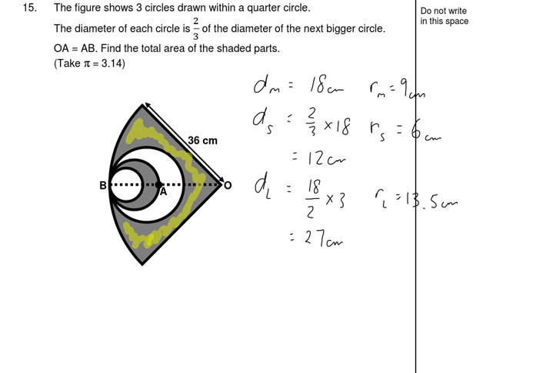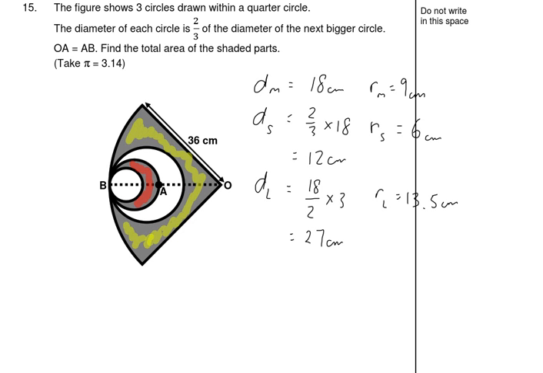Quarter circle minus the large circle. Okay? Then next thing, I use the medium circle minus the small circle. I'm going to get my next shaded part, right? Which is here, right? Correct?